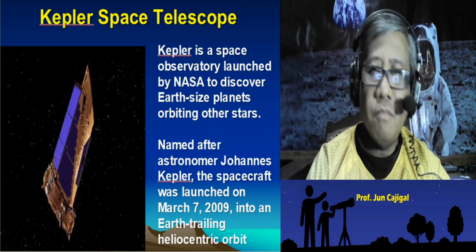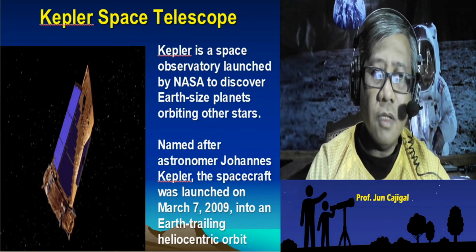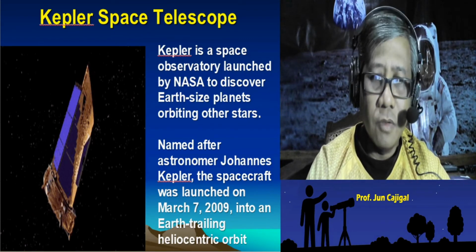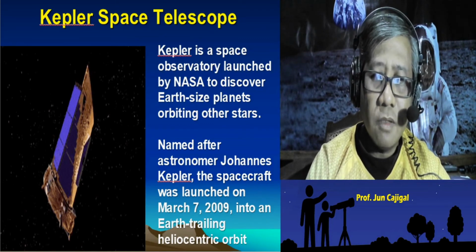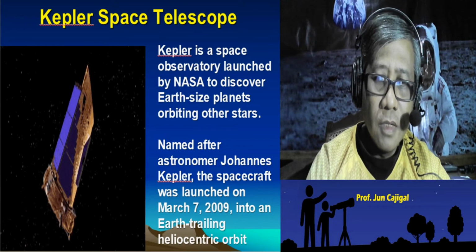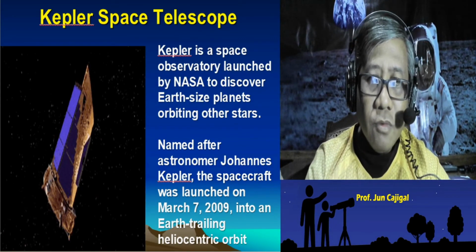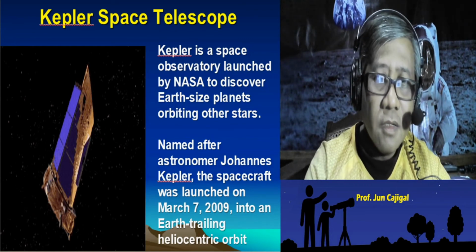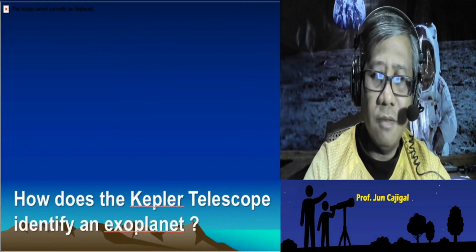The Kepler Space Telescope was named after the astronomer Johannes Kepler. The spacecraft was launched on March 7, 2009 into an Earth-trailing heliocentric orbit. So, yung Kepler Space Telescope, sinusundan lang niya yung Earth habang umiikot sa Sun.